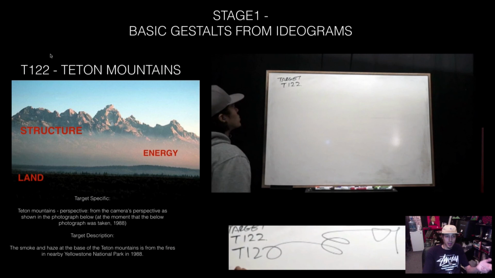The target is the Teton Mountains. As you can see, the main gestalts in this target would be structure, the natural structure of the mountains, the land, of course, and this energy. It says there's a haze at the base of the mountain from some fires. I'm blind to the target. I have no idea what it is. All I know is target 122.